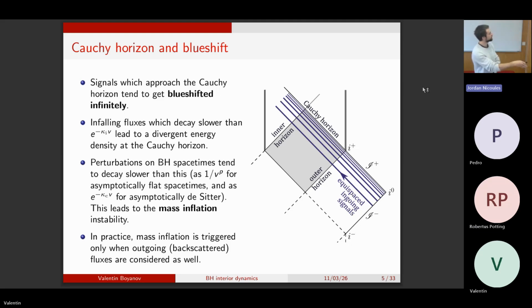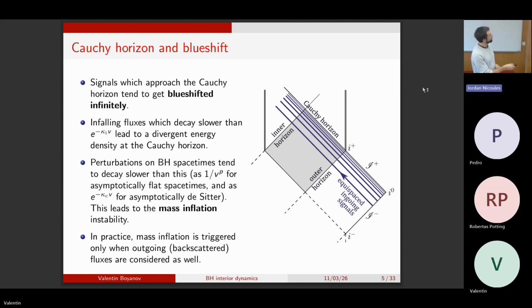They just send pulses. But for an observer that approaches the Cauchy horizon, those pulses tend to get bunched together because an infinite time passes here, only a finite time passes here.